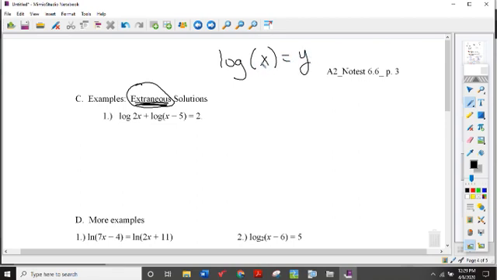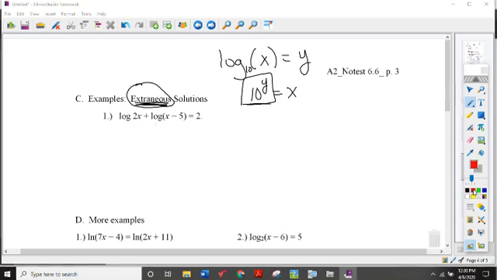Remember that this can never be negative because if we rewrite it as an exponent, this is base 10, or in exponential form, there's no way that you can raise a base to a power and get a negative value, okay? Unless the base itself was already negative, all right? So that means what's inside the log always has to be greater than or equal to 0. So any value in here that's not greater than or equal to 0 will give us a false solution.